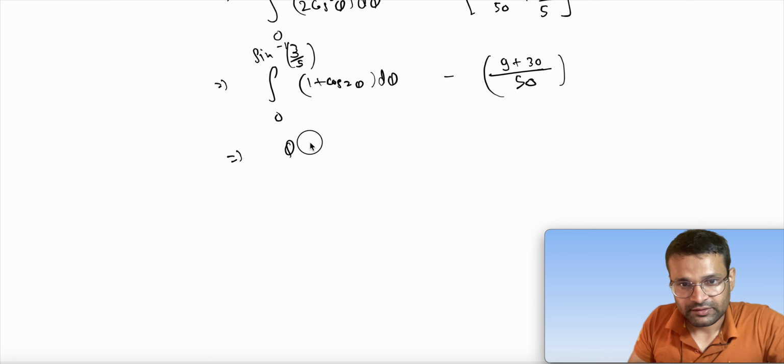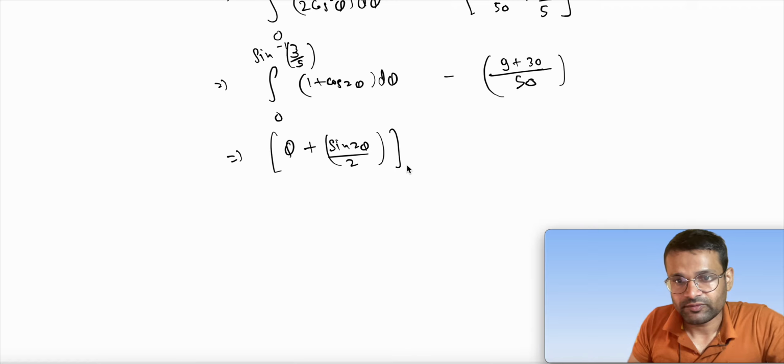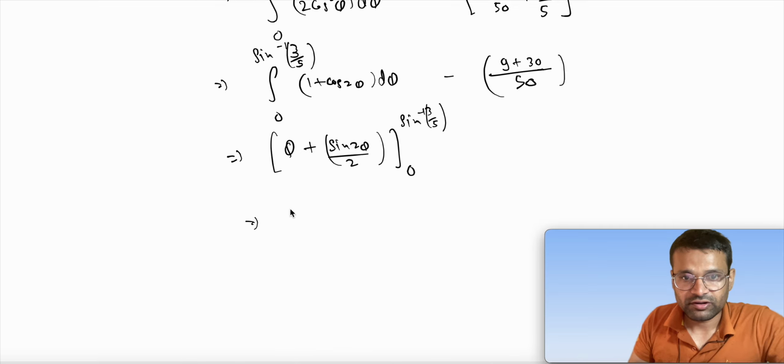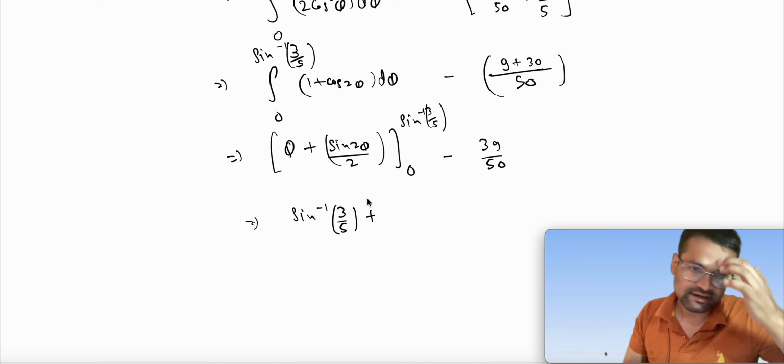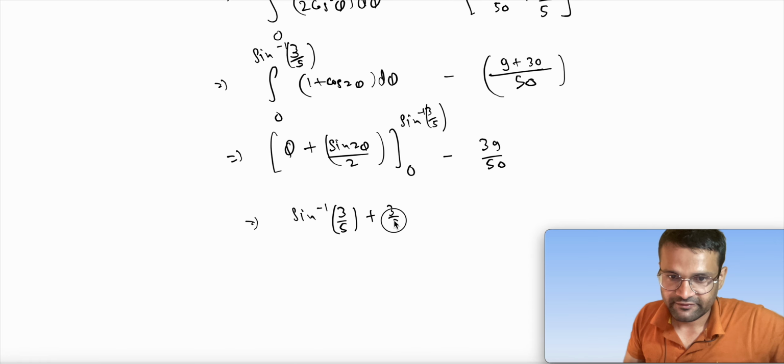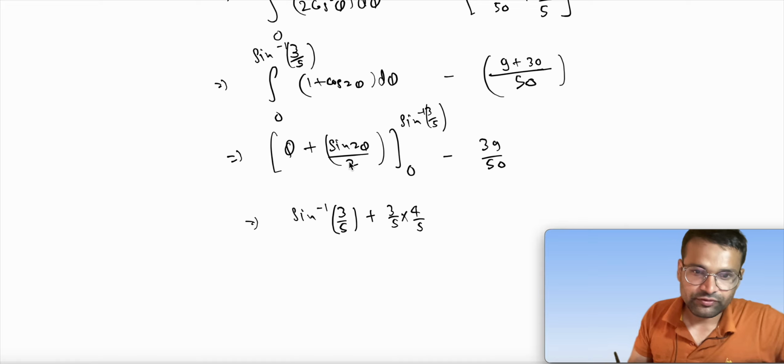Here you can solve, then you get theta plus sine 2 theta by 2, from 0 to sine inverse 3 by 5. Now you put all these values, sine inverse, and here is the 39 by 50. It's just calculation, a very simple question, that's why it takes time. By 2 sine theta cos theta, you simply put 3 by 5 into 4 by 5.